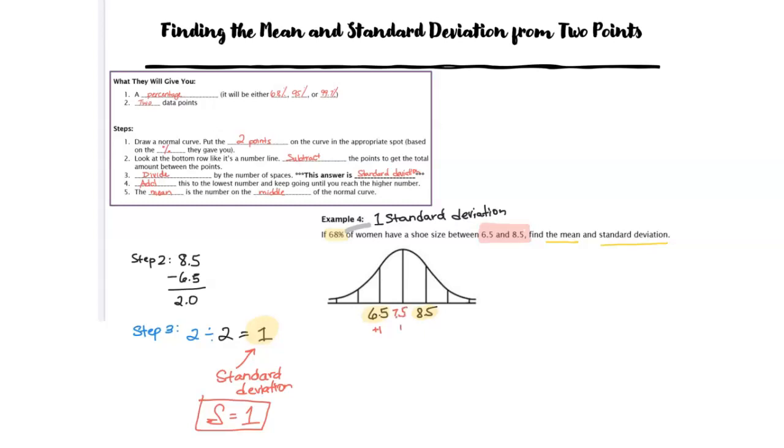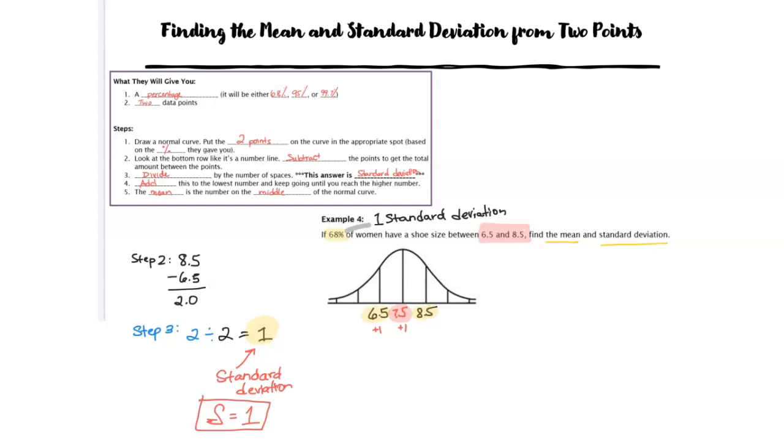If we were to go ahead and add another 1, 7.5 would land us at 8.5. So we've completed it correctly. So we're adding 1 to each interval to get from one interval to the next. Okay. So then number 5, it says that the mean is the number in the middle. Well, the number in the middle here is our 7.5. So that's our mean.